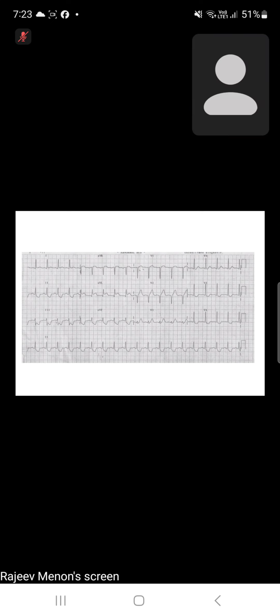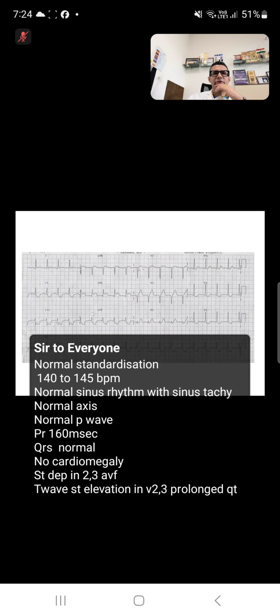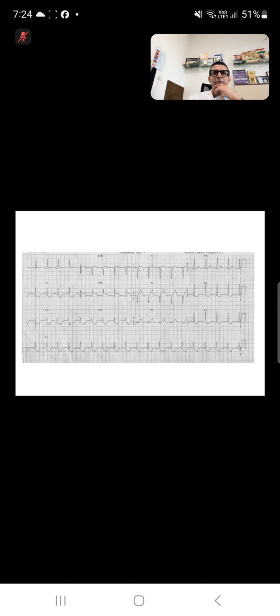T wave. So what do T waves show? Again, follow the same thing: L1, L2, L3, AVR, AVL, AVF, V1 to V6. L1 T wave is normal.